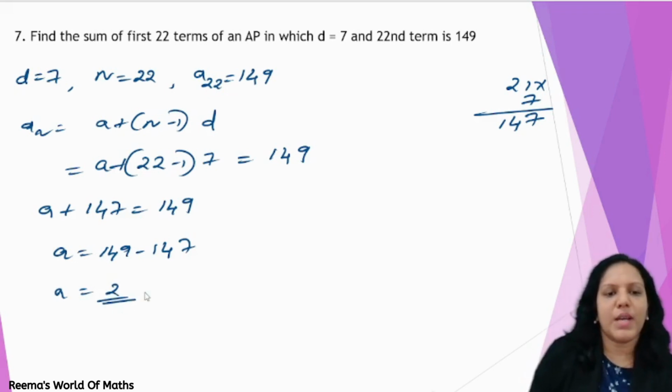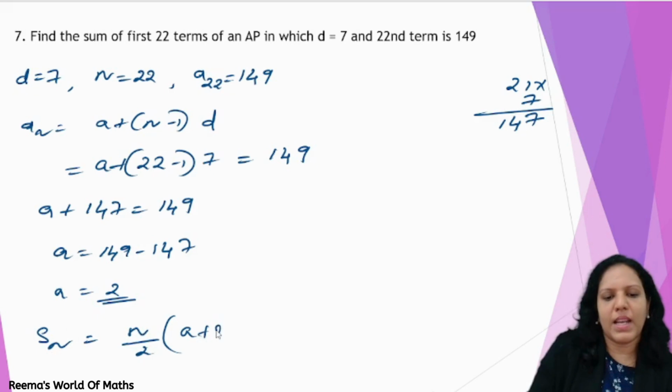Now we need to find the sum of the first 22 terms. For any S_n, if we know the first term and the last term, S_n equals n by 2 multiplied by (a plus l). Correct?